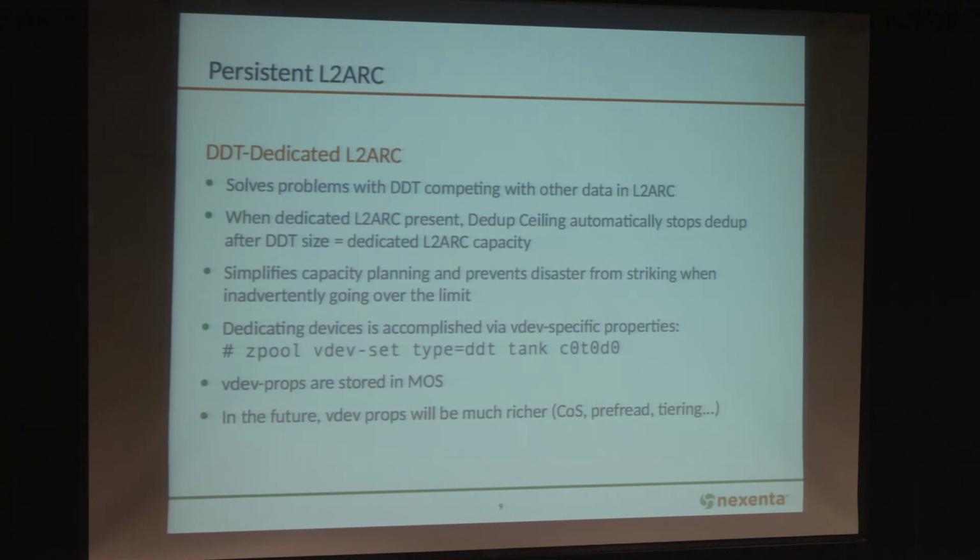So you can sort of segregate out your cache devices. You have 5 caches, and you want to have 2 that are dedicated to your dedup tables. Set their type to DDT on those devices. We automatically figure out the maximum size of the DDT, and when you reach that size, we'll just tell you that dedup is currently turned off because you've reached maximum capacity. And since it's persistent, you don't have to worry about rebooting the thing.